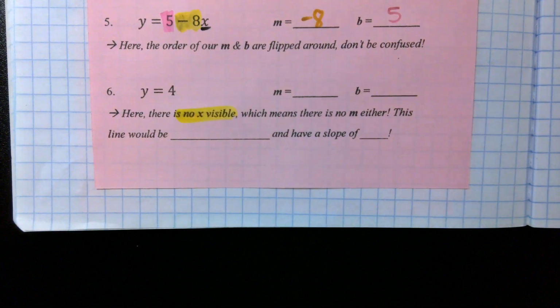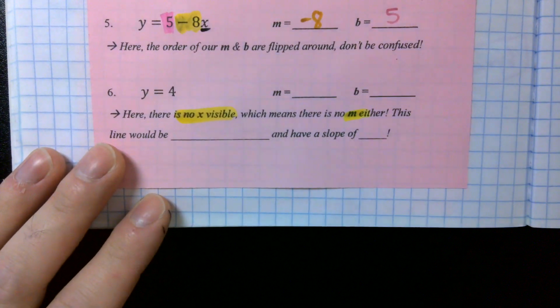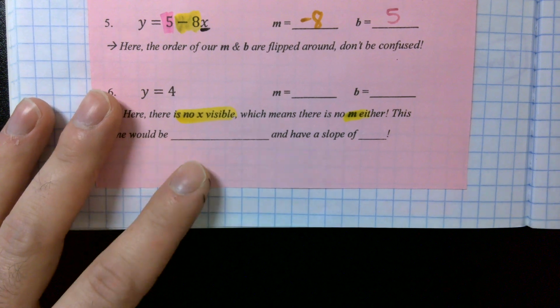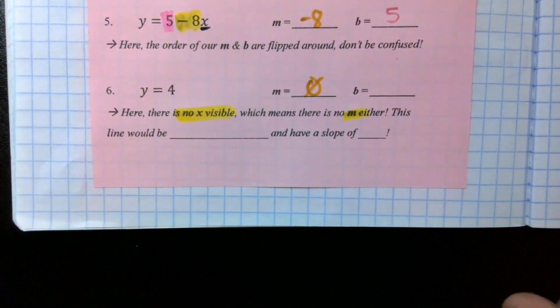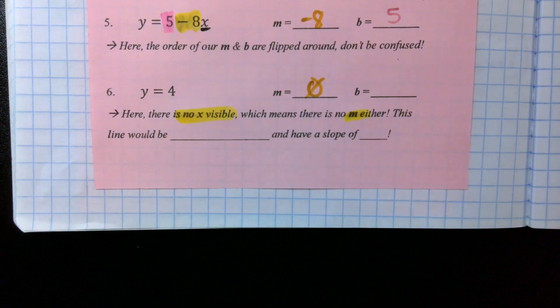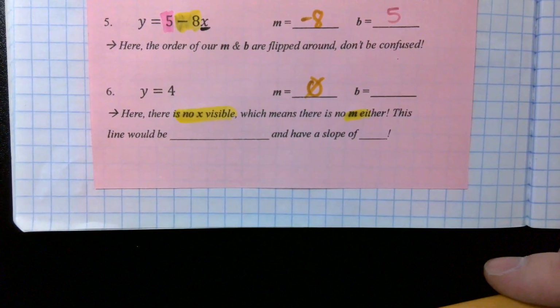If there's no x at all, that tells me right away that my slope is, anyone want to take a guess? Undefined's a good guess. You're very close. 0. My slope is going to be 0. And I'll show you why in a second. If I don't see the letter x at all, my slope is 0.